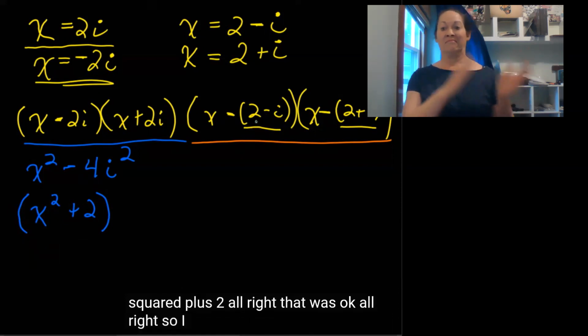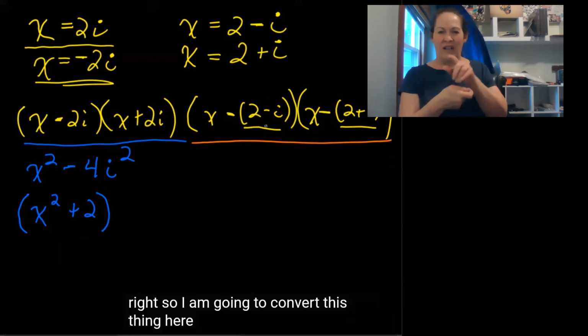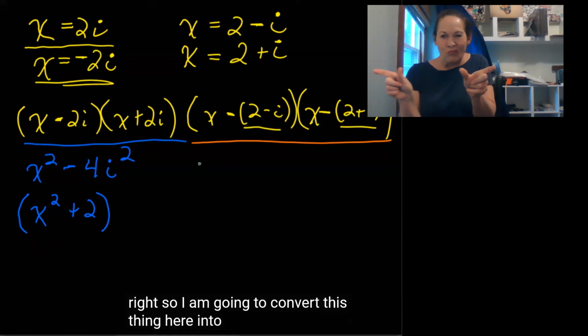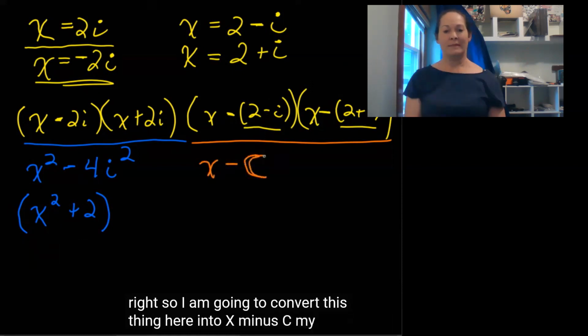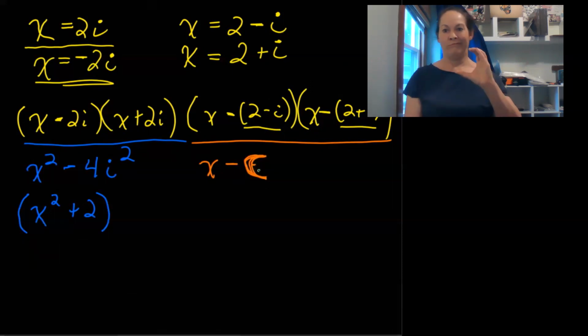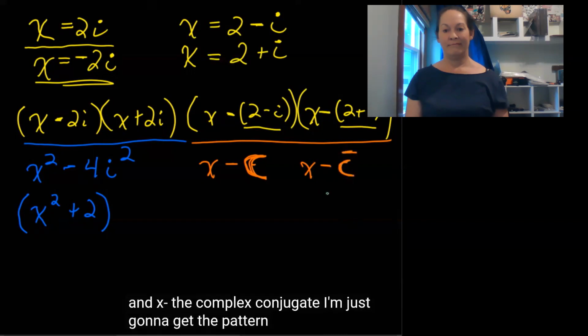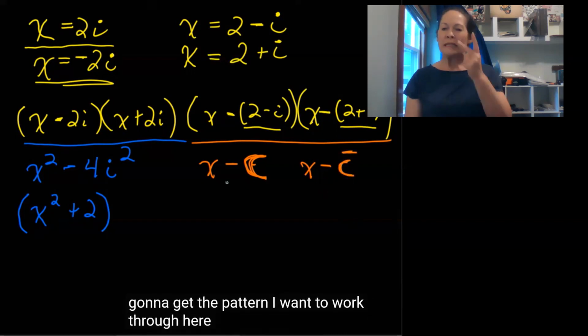All right, so I am going to convert this thing here into x minus c, my complex number, and x minus the complex conjugate. I'm just going to get the pattern I want to work through here.